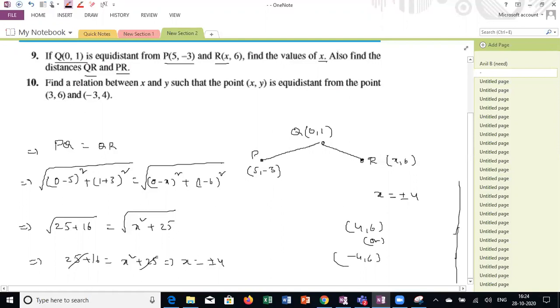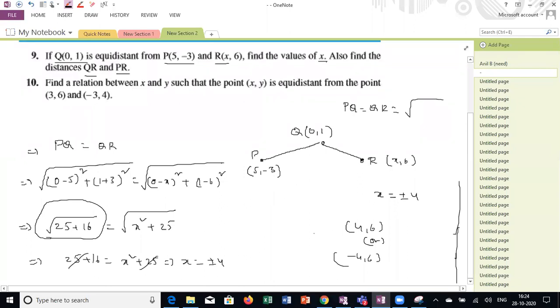What is the equal distance? What is PQ and what is QR? From here you can calculate. This value shows the length of PQ and QR. This is not QR and PR. He's not asking for PQ and QR; he is asking for QR and PR.